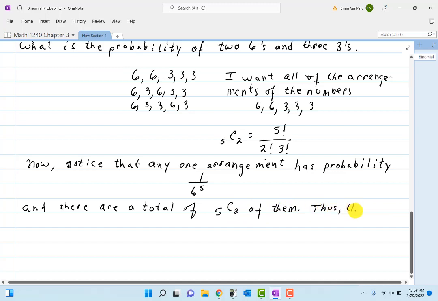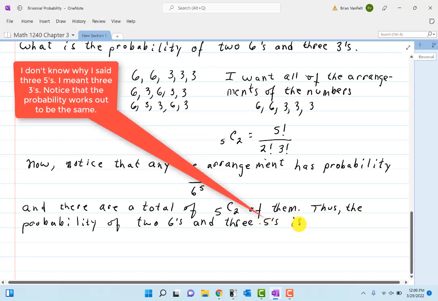Thus, the probability of 2 6s and 3 3s is 5C2 times 1 over 6 to the 5th.